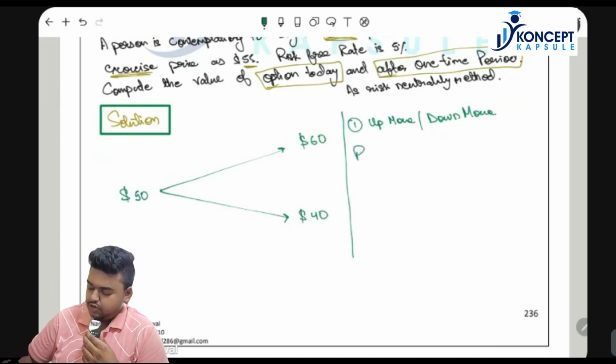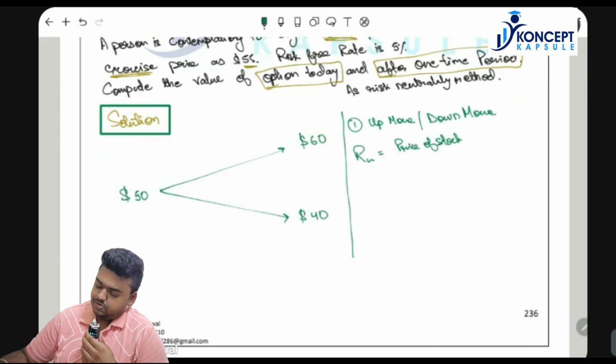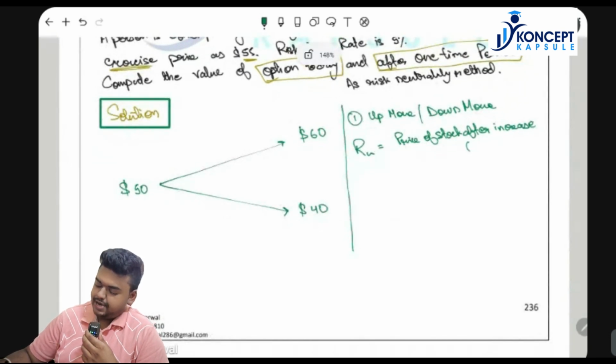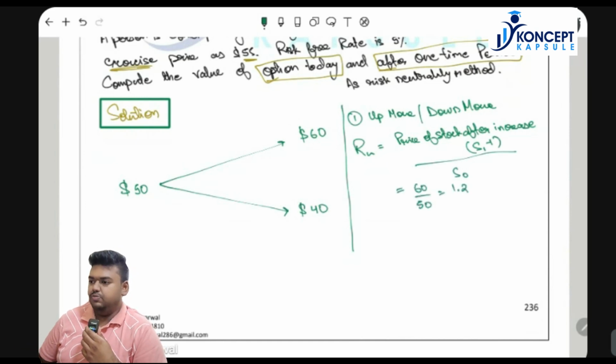So RU or up move can be calculated as the price of stock after increase, or S1 plus, divided by S0, which is 60 by 50, which is none other than 1.2.